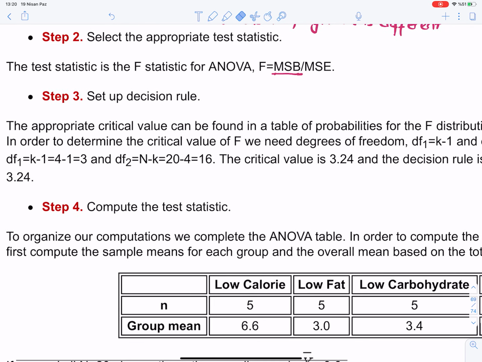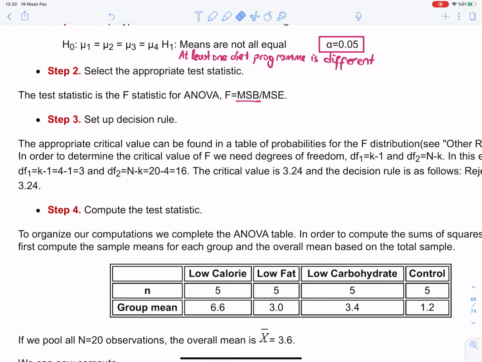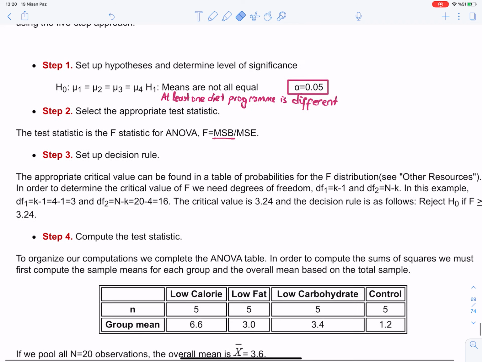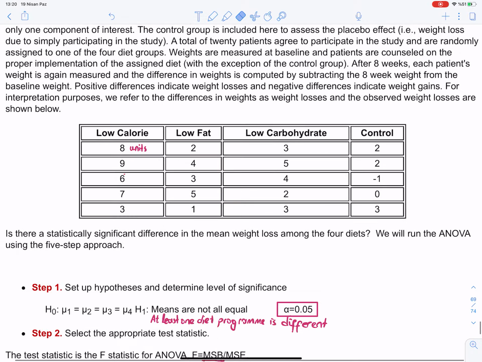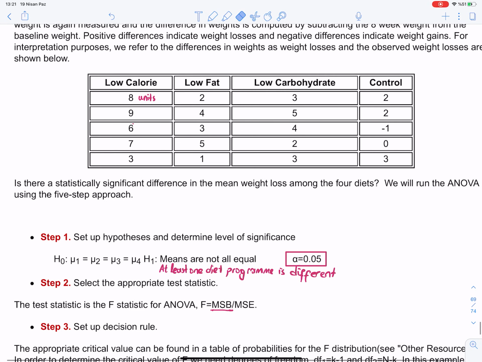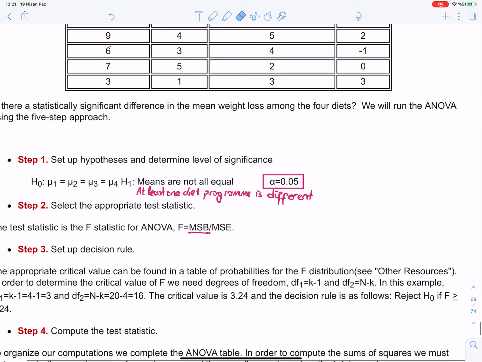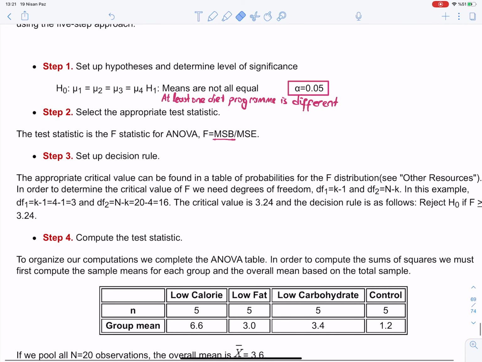To find the critical value from the F distribution table, which I already presented in the previous section, let's have a look. Since we have four different groups and K is 4, the first degree of freedom is K minus 1, which becomes 4 minus 1, which is 3.